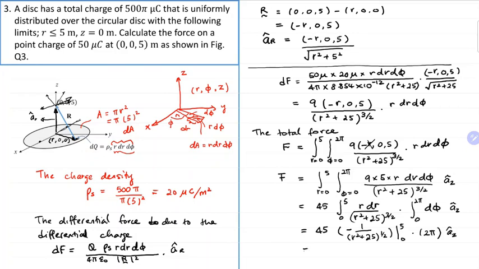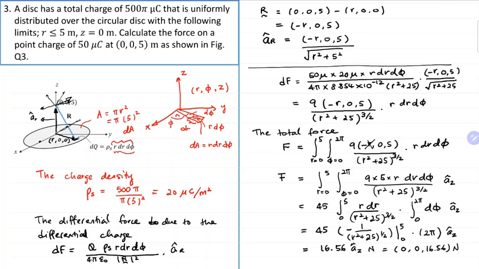Okay, so solving this gives us 16.56 z Newtons, or in coordinate vector form, (0, 0, 16.56) Newtons.